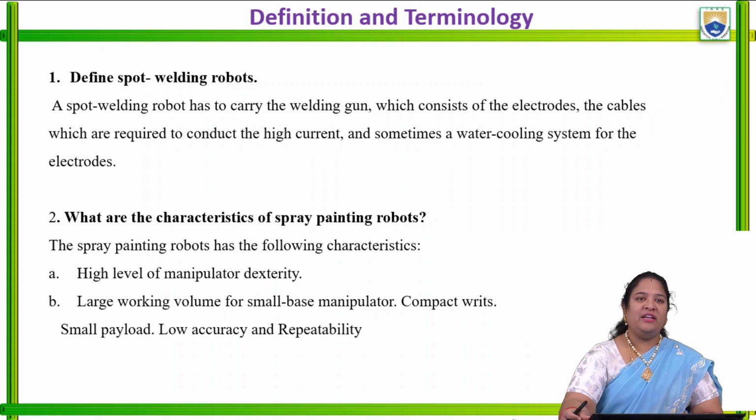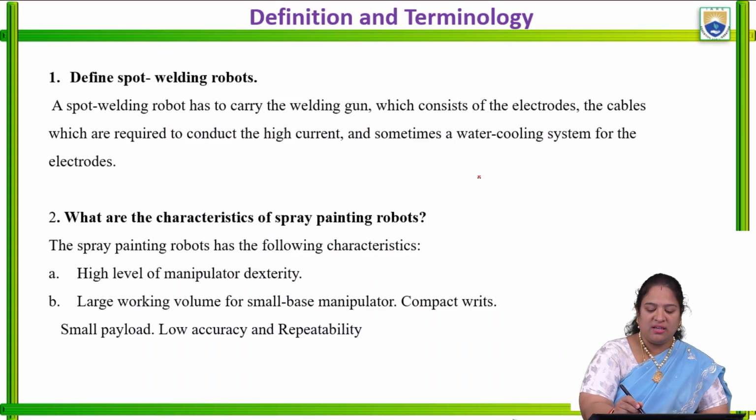When we define spot welding in robots, this type of robot carries a welding gun, which consists of an electrode, the cable required to conduct the high current, and sometimes a water cooling system for the electrode.